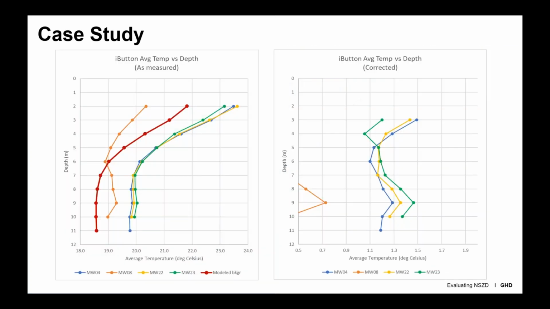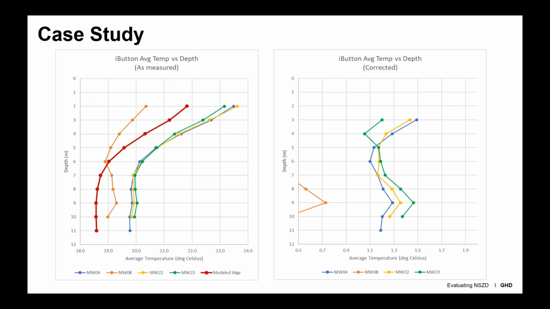All right, so in the plot on the left, you can see the temperature profiles as they're measured at the site. At this particular site, we ended up doing a modeled background. We're still looking at some of the data, and there may be a site well that will also work as a background well, so we'll be able to compare the results using both of these methods, but the modeled background is in the red.